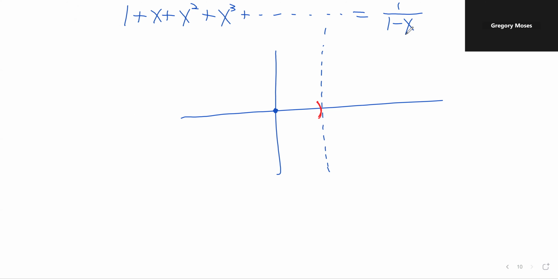And again, the radius of convergence of 1 was as big as we could possibly get before we hit 1 divided by 1 and got a division by 0.